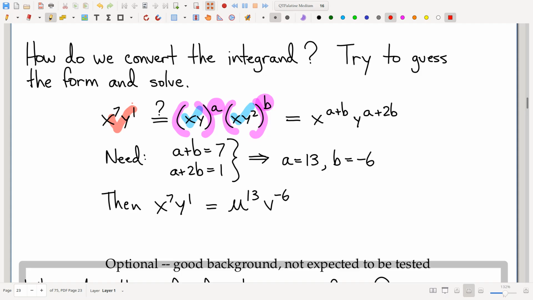Is that cool? Everybody see that? This is a speculation. I'm not saying that I know this is going to work. I'm saying I think this is a reasonable speculation. And so this is something you're going to have to do in situations like this. You're going to have to look at, well, what is the form of what I need to convert? What are the forms of the things that I've got?